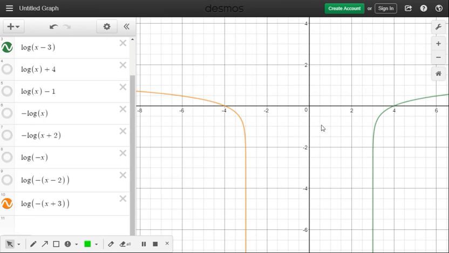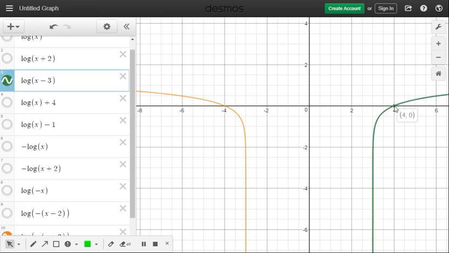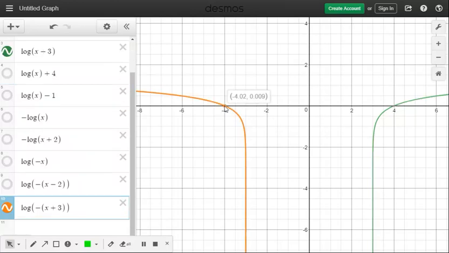Now if I compare the x-intercepts, the green graph, which is log of x minus 3, has an x-intercept of (4, 0). Keep in mind that the graphs are going in opposite directions. The x-intercept of the orange graph is (negative 4, 0). The x value changed sign while the y value stayed the same.